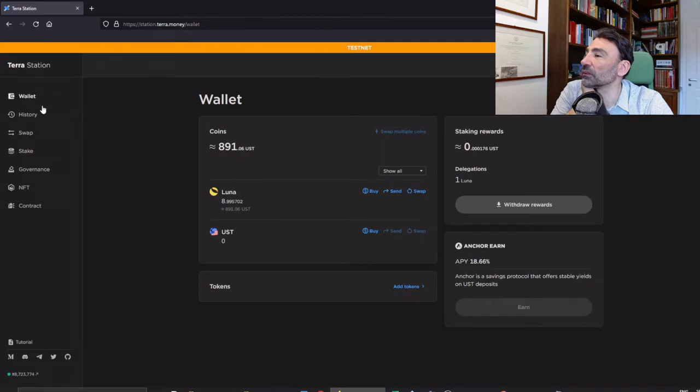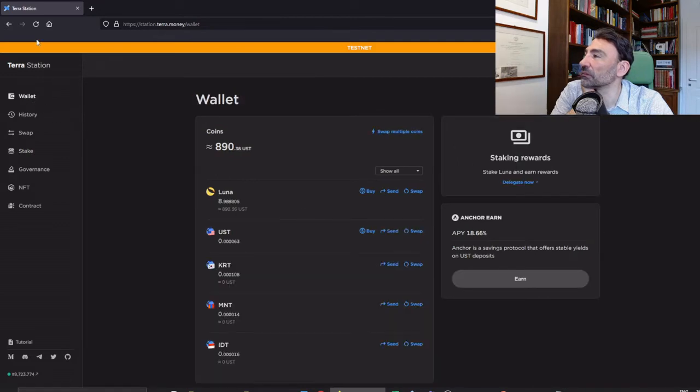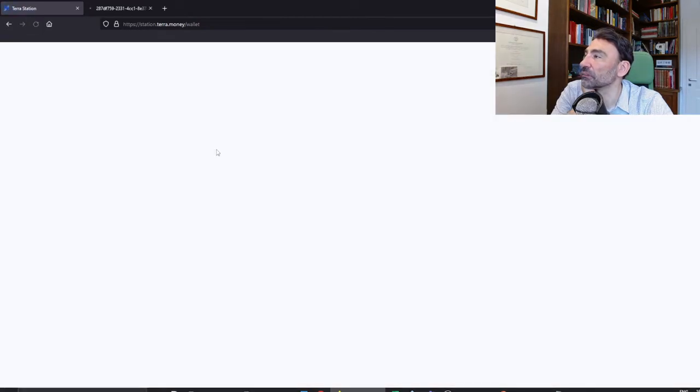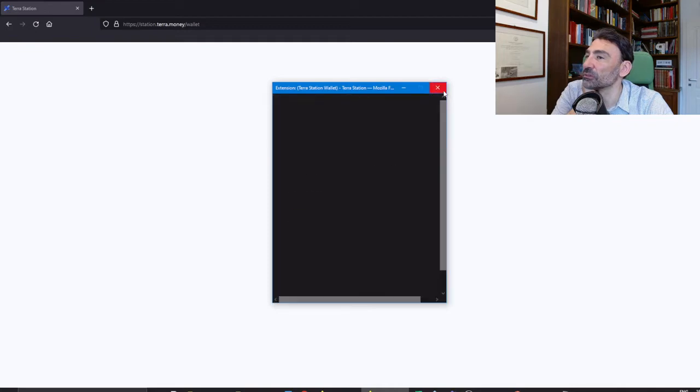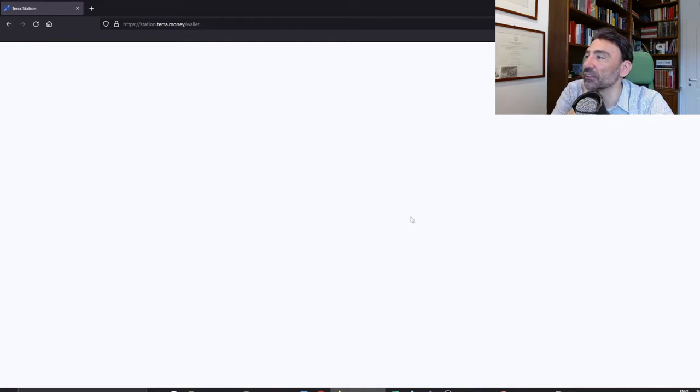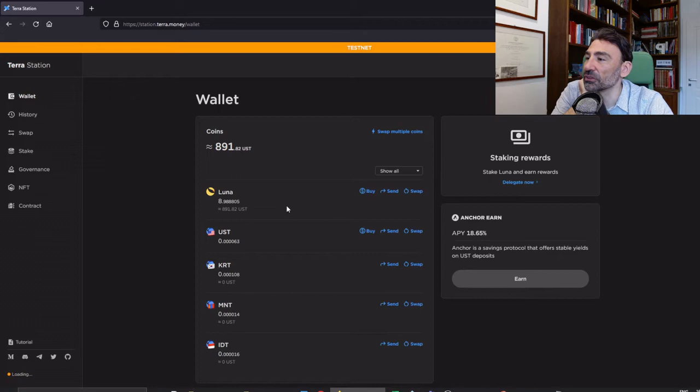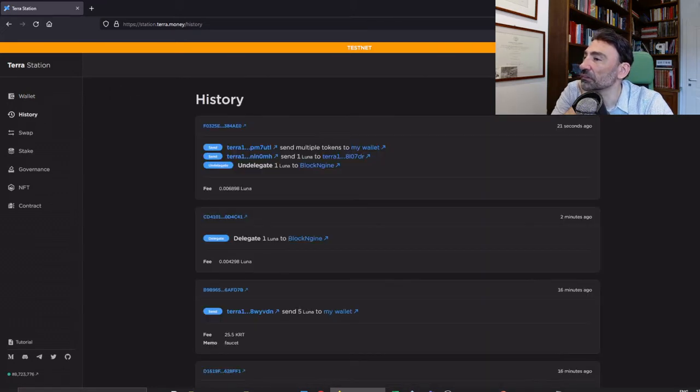Okay, my wallet. Refresh. Yes, definitely it's Firefox which is sucking. History. Okay, I have undelegated, can you see?